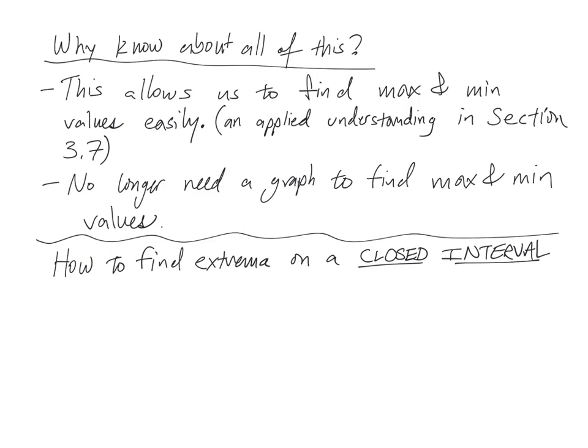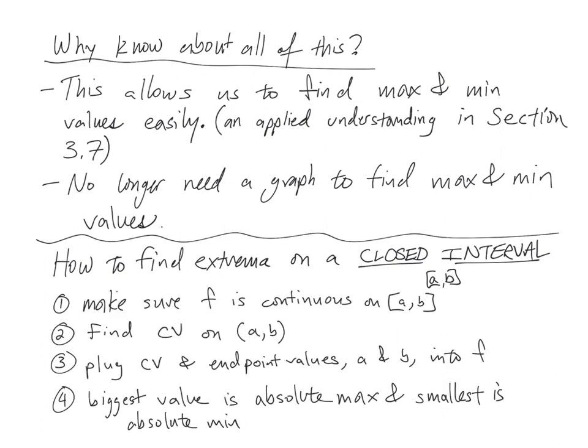So how do you do this? On a closed interval, and that's super important. We're talking about if you have a function and you're finding maxes and mins on a closed interval, we have to have square brackets on both sides here. Here are the steps.